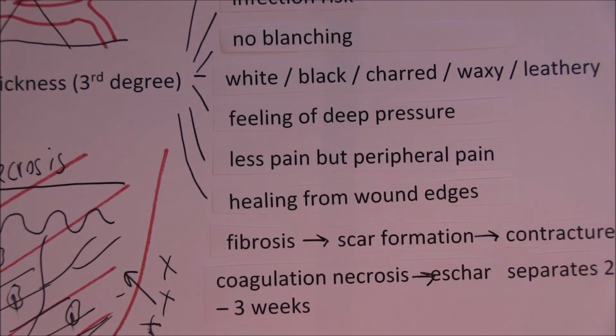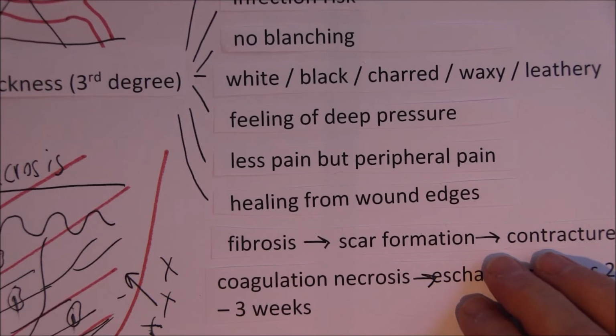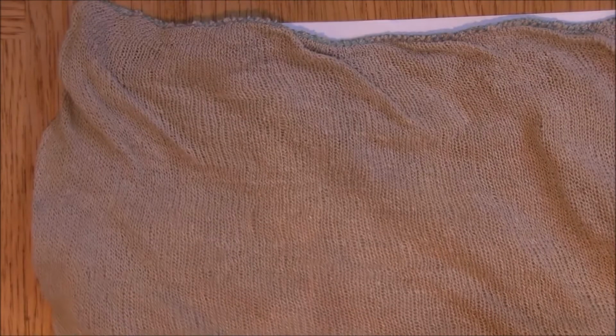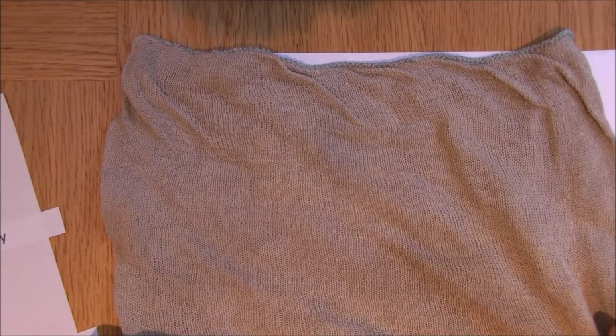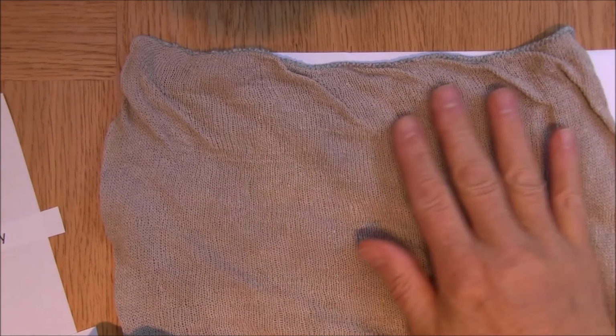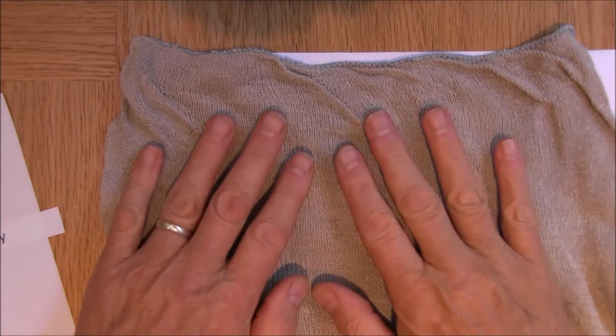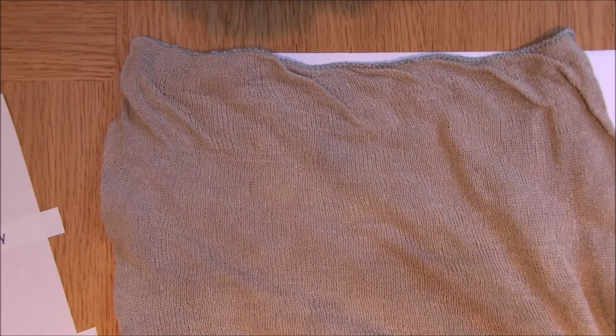Now what an S-scar is, imagine there's a burn. Let's imagine this is the burn. Let's imagine this is the burned area here. Now this represents the burn, this old cloth here. Now this was living skin, but now it's burnt, it's coagulation necrosis, it's dead.